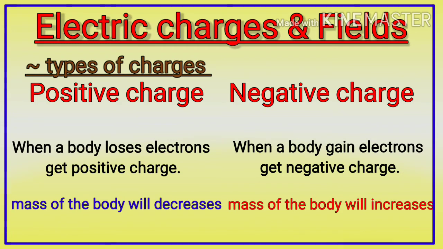What we observed is that, whether positive or negative, like charges repel each other. Unlike charges attract each other. If you bring a positive charge near a negative charge, it attracts.